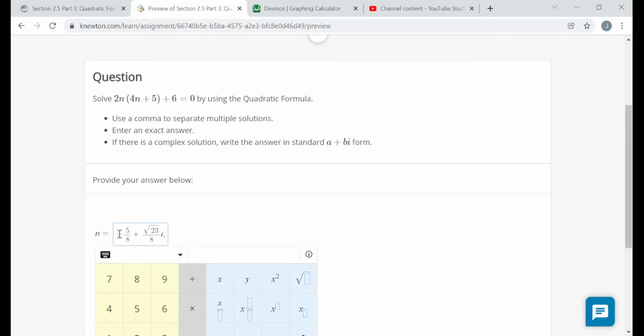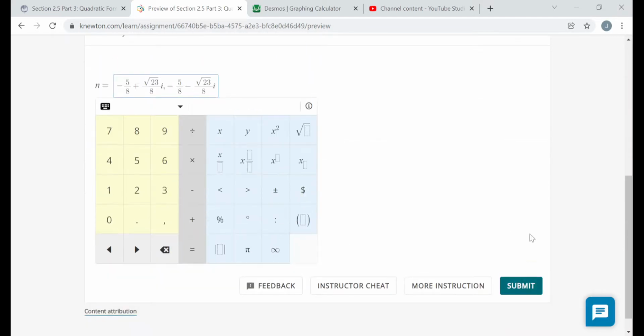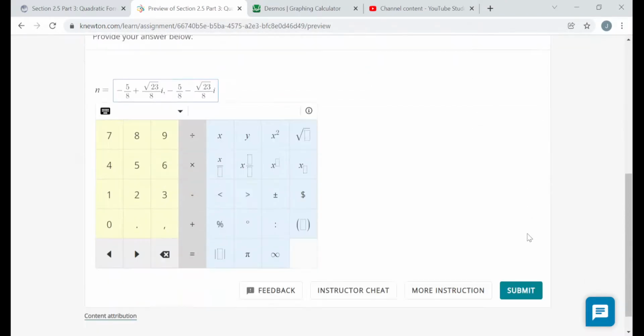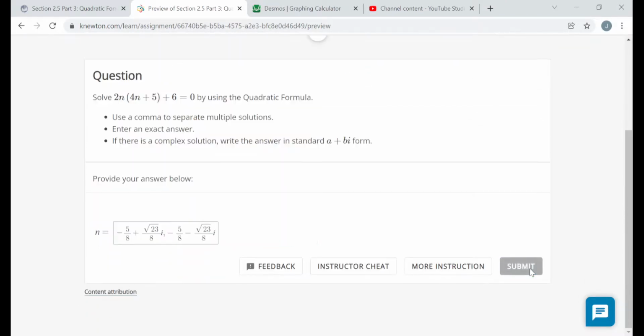And then again, I'm just going to copy and paste this after the comma, and just change this plus in the middle here to a minus, and those should be the good solutions. And you can check by hand if you want, but they should be good.